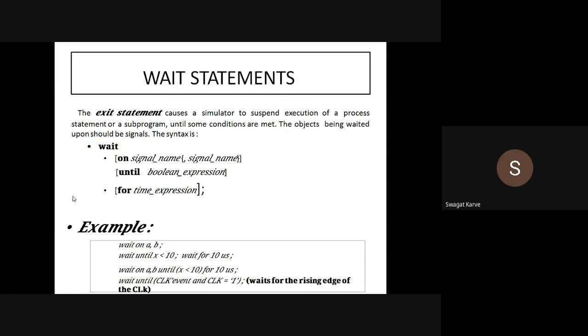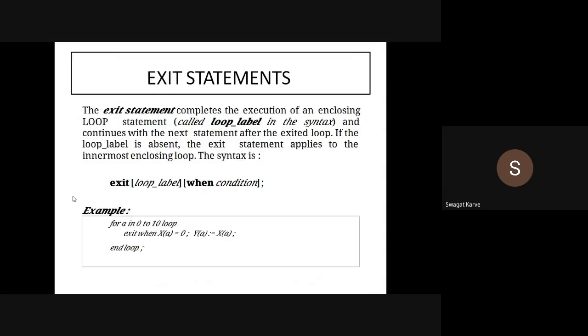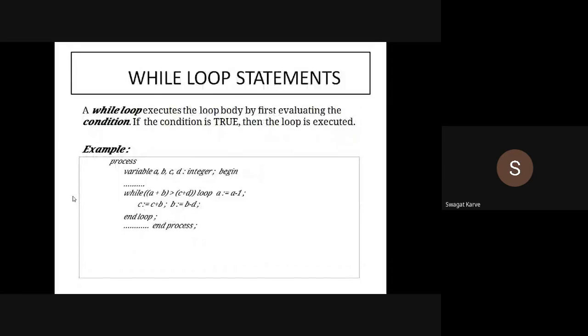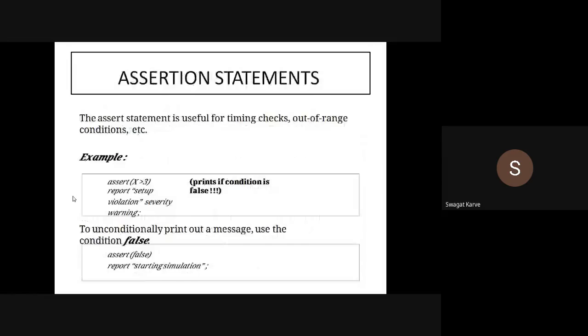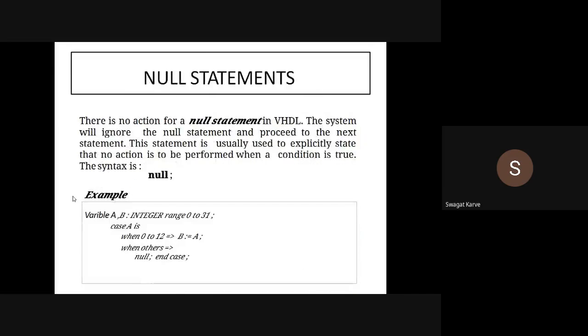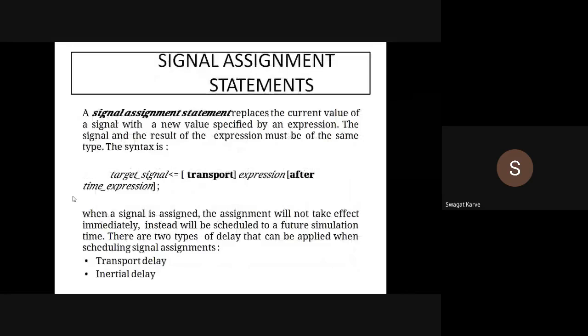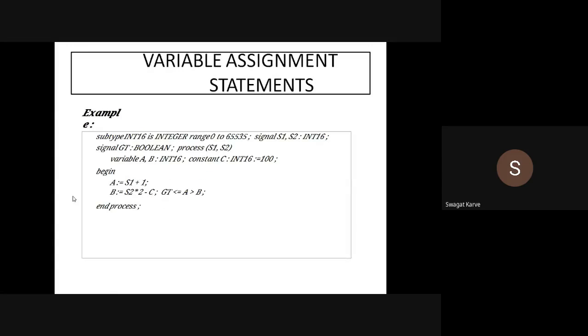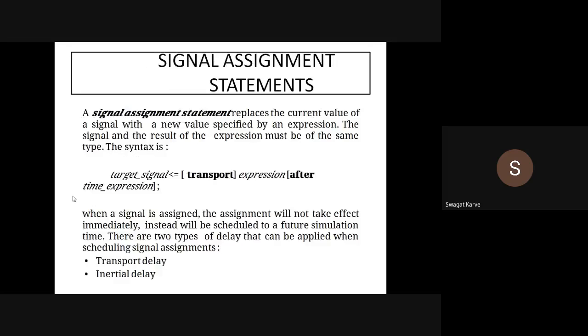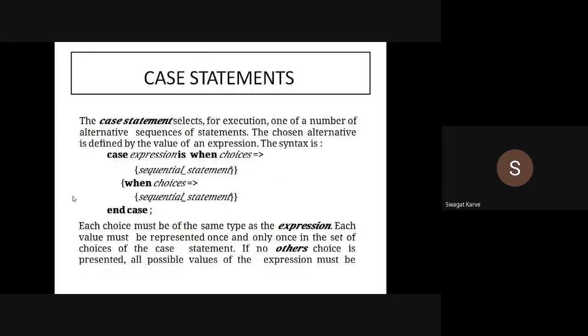Next statement, then while loop, for loop, assertion statement, then null statement, case statement, if statement, then signal assignment, variable assignment. So this is what up till now we have studied.